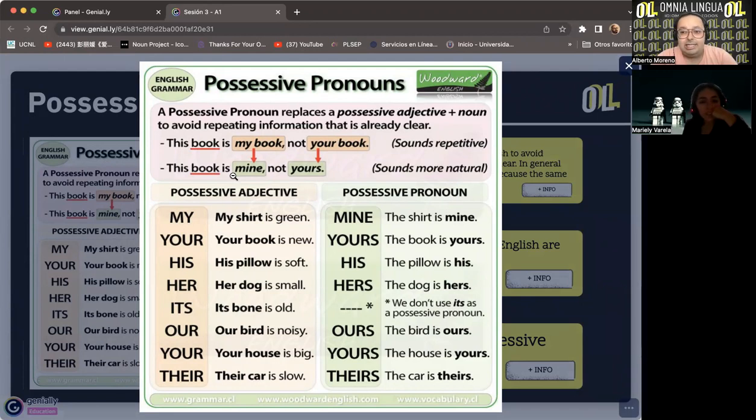Instead of repeating the word you are talking about, we can use the possessive pronouns.